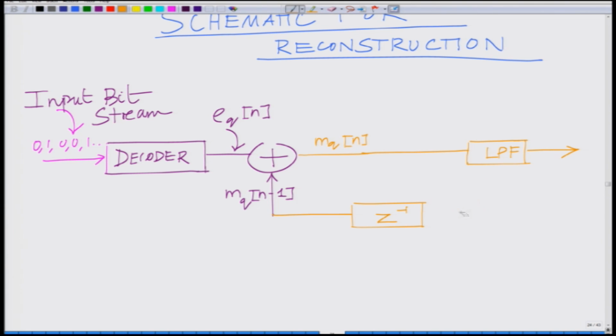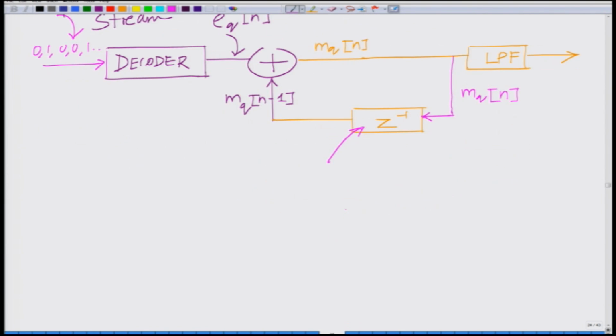At the same time, MQ of n itself forms the closest approximation at time instant n plus 1. Again, remember Z inverse is simply a single sample delay. Some of you might be familiar with this from the Z transform notation.